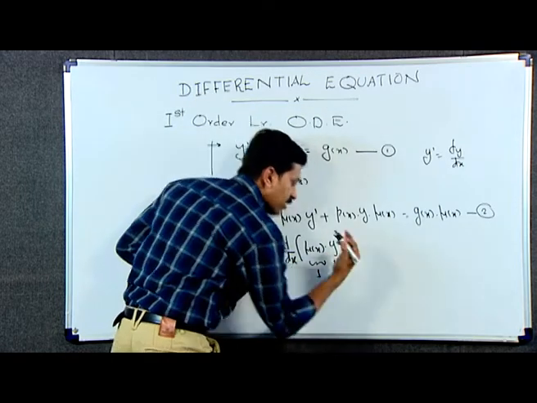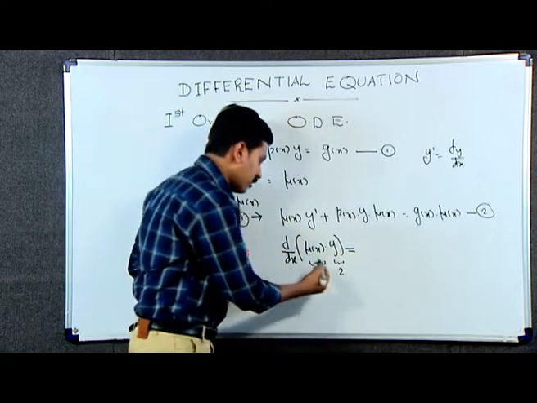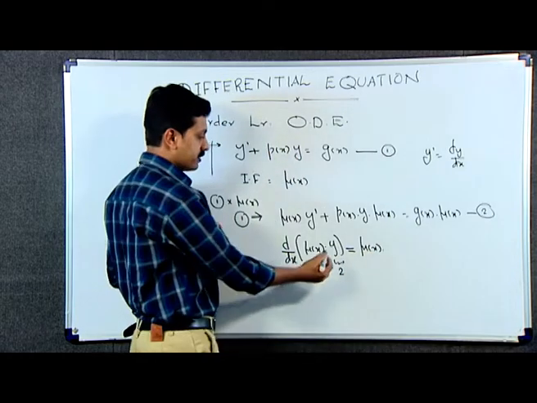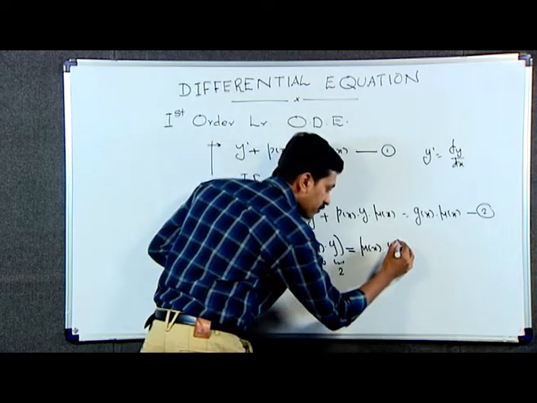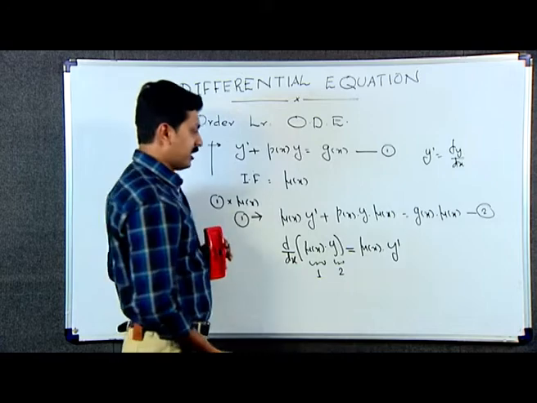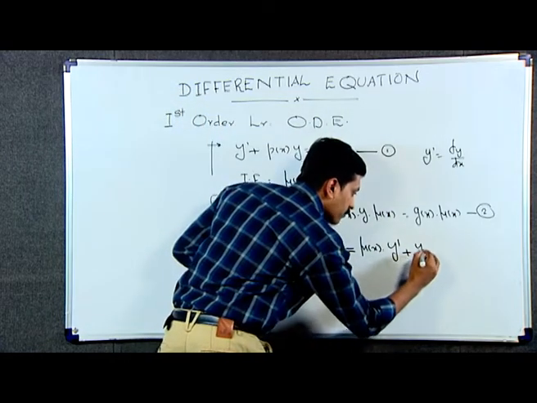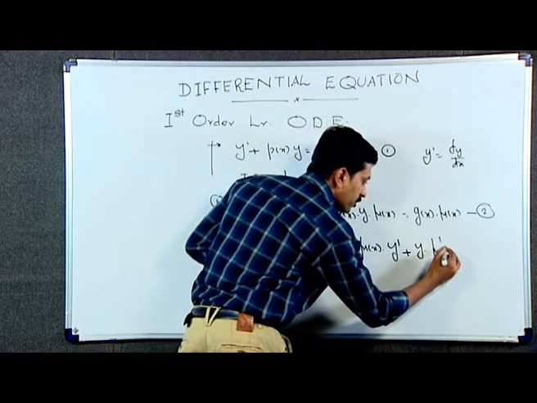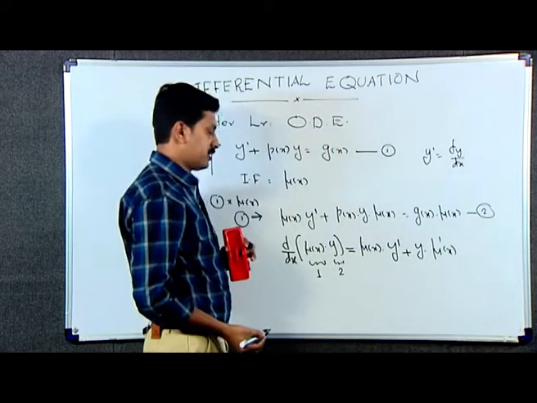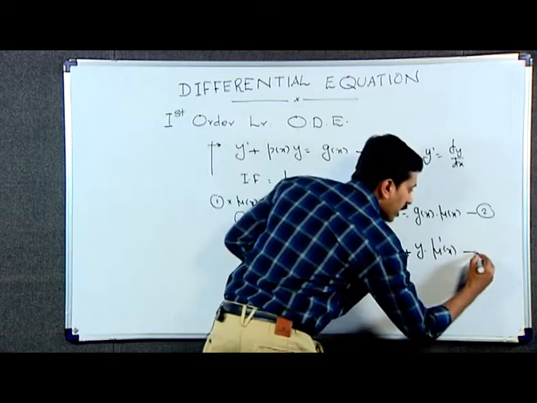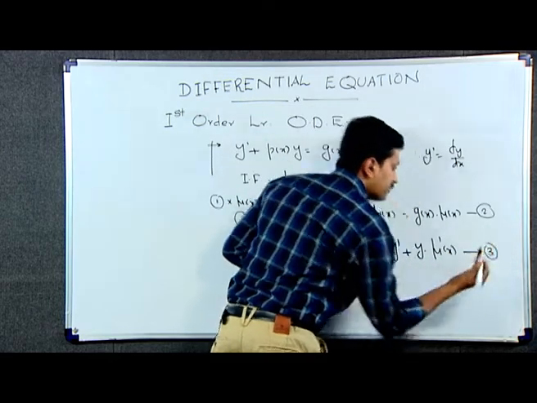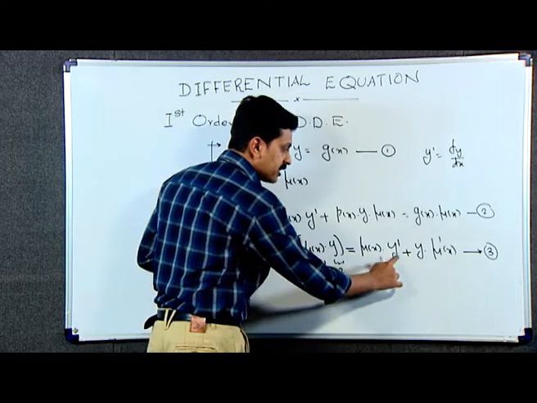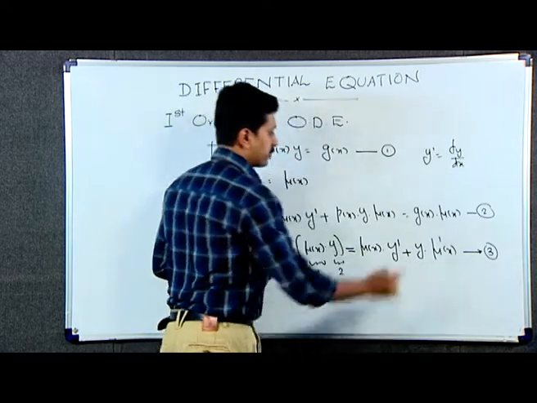Therefore, this is equal to mu of x into y dash, plus y into mu dash of x. I am putting this as equation number 3.